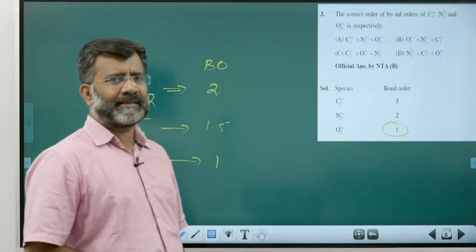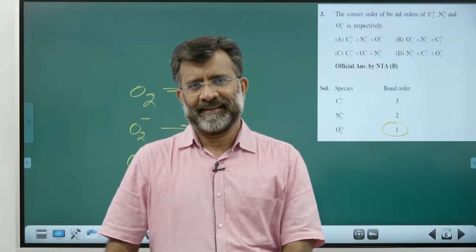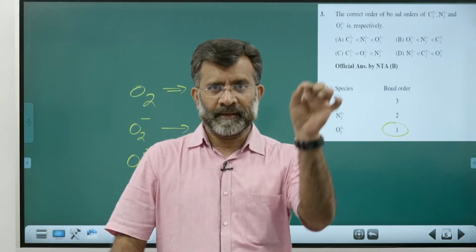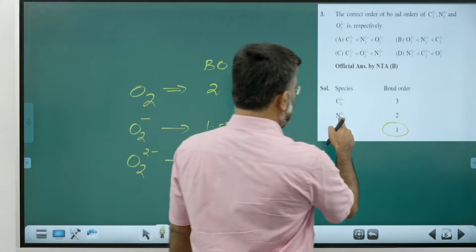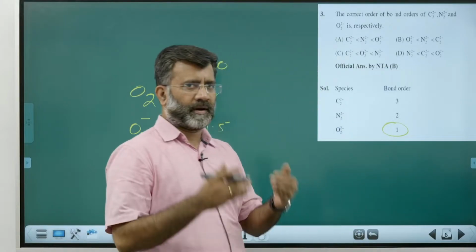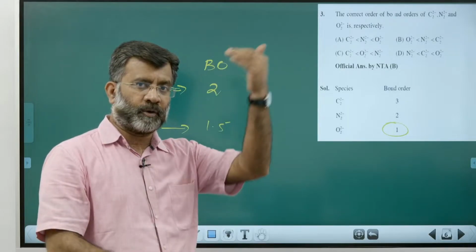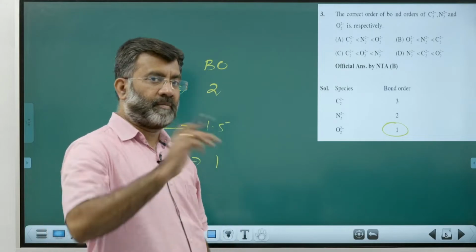In the same way, for nitrogen, the bond order is 3. And the configuration of nitrogen ends in sigma 2pz. Therefore, when you add more electrons, the bond order 3 reduces to 2.5, as the new electron enters an anti-bonding molecular orbital. And 2.5 becomes 2 when one more electron is added.